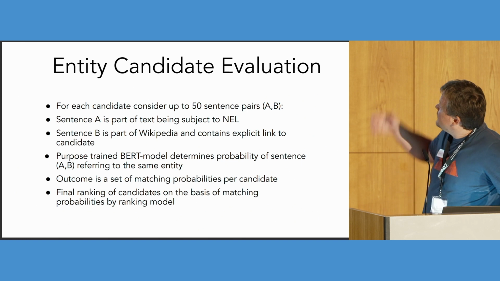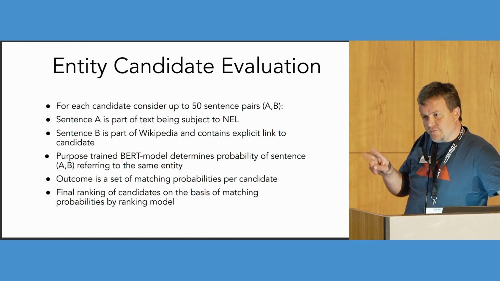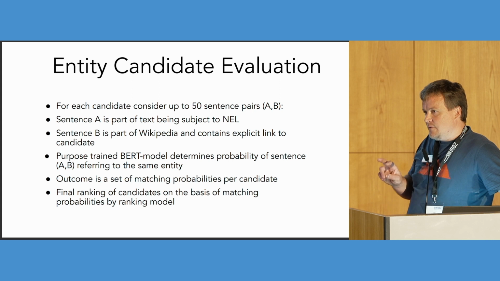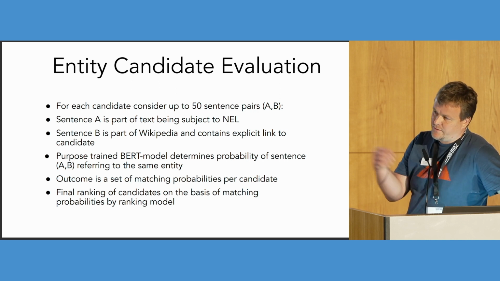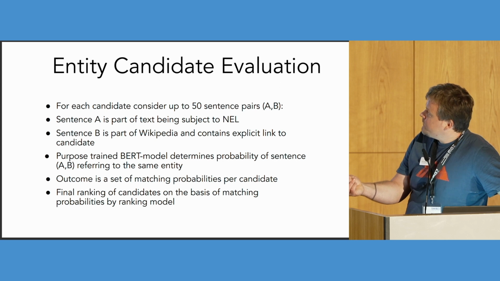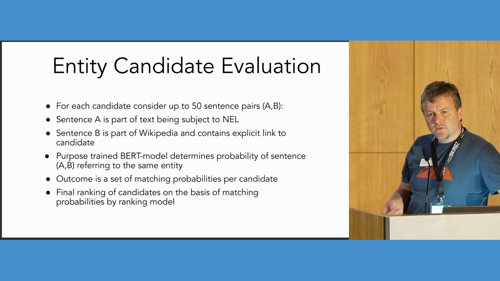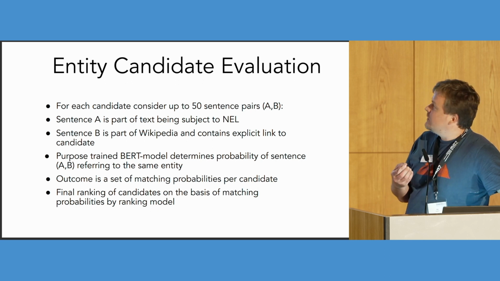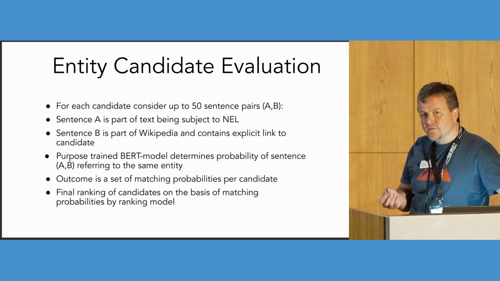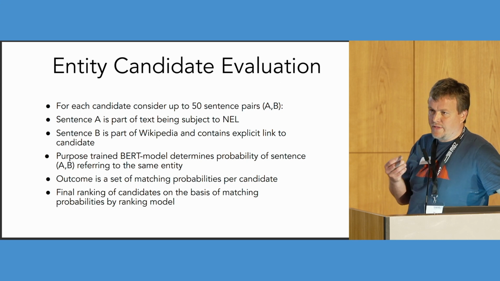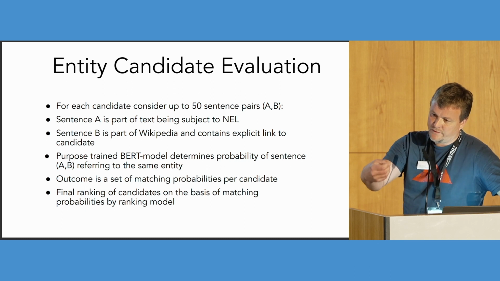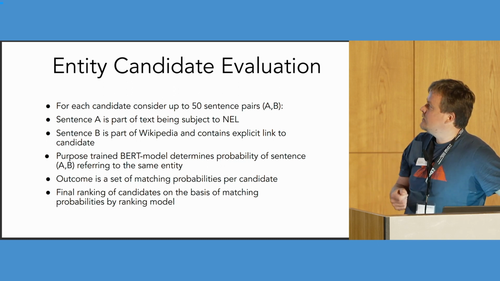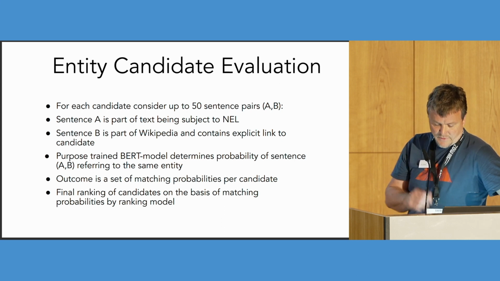And we do this process, this pairwise comparison, for each candidate for up to 50 pairs of sentences in the text in question that mention the entity and the candidate. And basically the final outcome per candidate is a list of probabilities that the references from Wikipedia and the references in the text that is to be linked refer to the same entity.